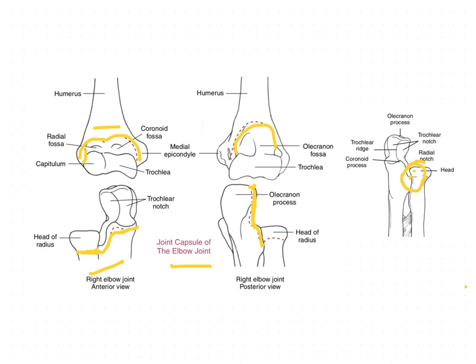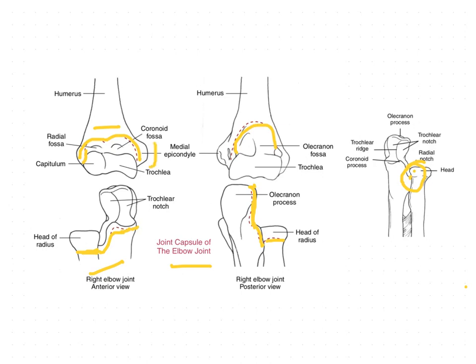Okay, and here the capsule passes just below the annular ligament to attach to the posterior and inferior margins of the neck of the radius also. So these are the attachments of the capsule.